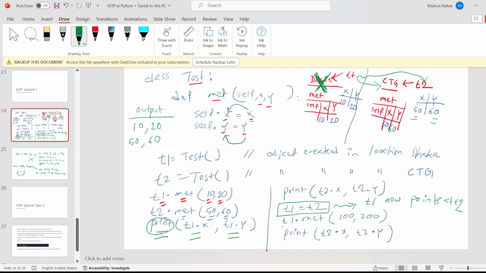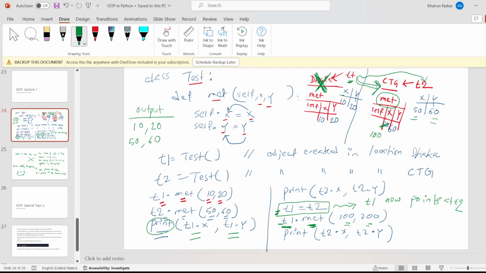Now when I call, after this line, when I call T1.met, this met will be called, because inside T1 now we have CTG. Now when I call T1.met, this 100 and 200 will be sent over here.